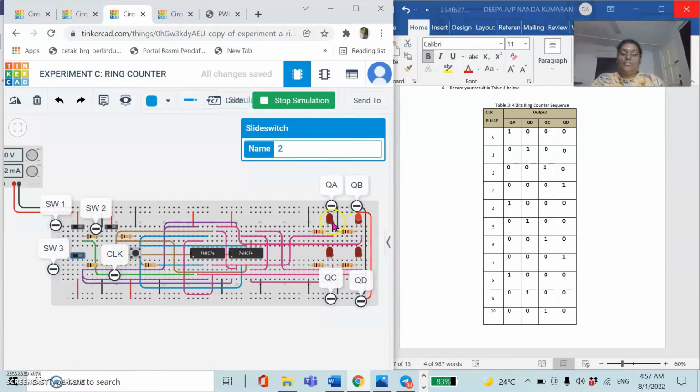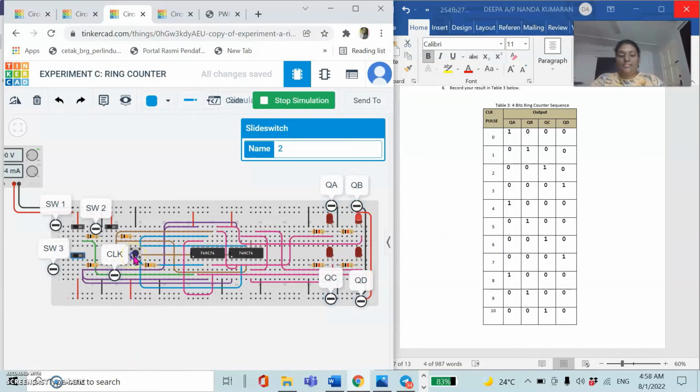When clock is 0, LED QA is 1, others all 0. When clock 1, the output QB is on, others all 0. Then clock 2, QC is on, clock 3, QD is on, others all 0, and clock 4, QA is on, others all 0.